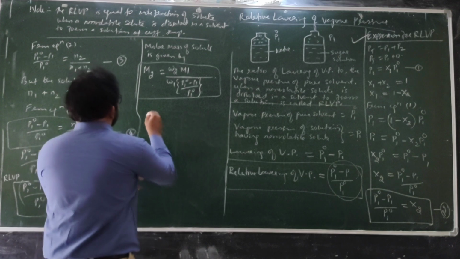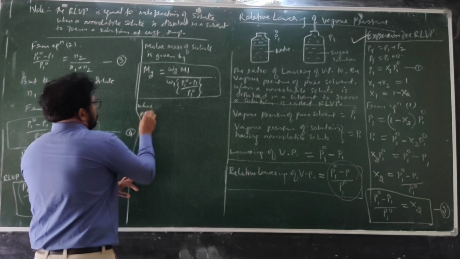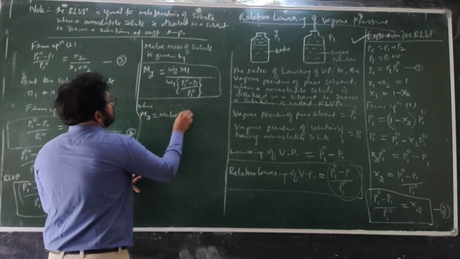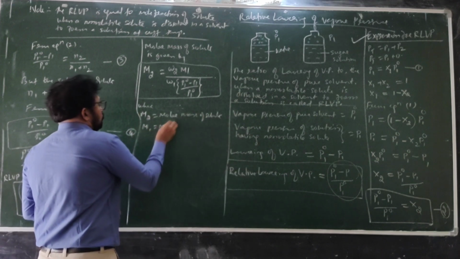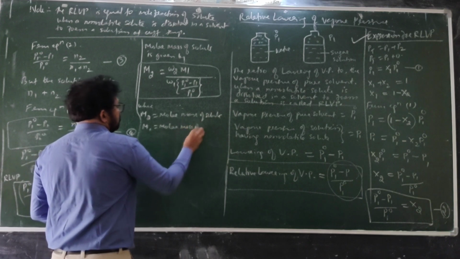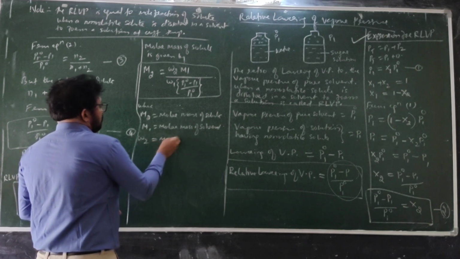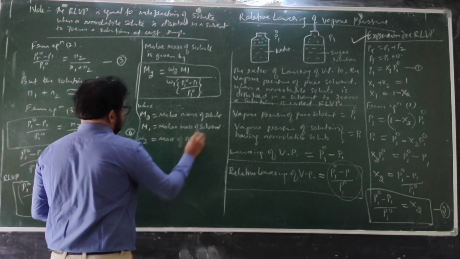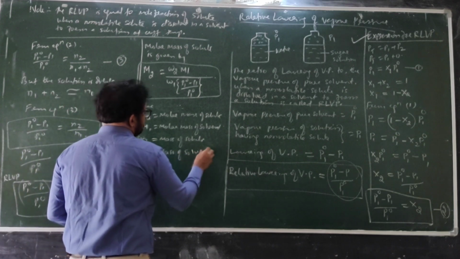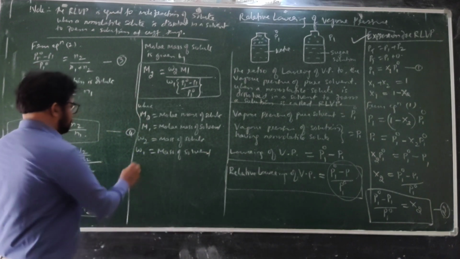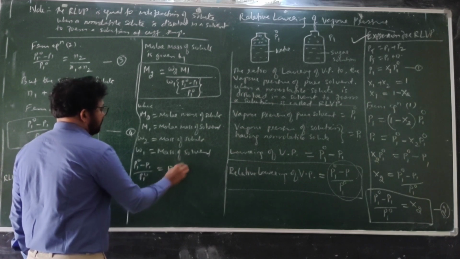I will write every term: M2 molar mass of solute, M1 molar mass of solvent, W2 mass of solute, W1 mass of solvent, and P1 naught minus P1 by P1 naught, this you already know. This is RLVP.